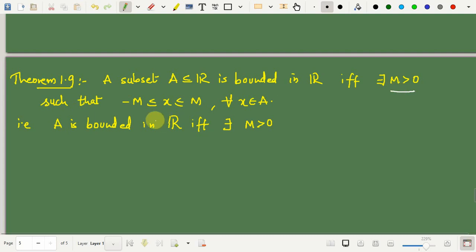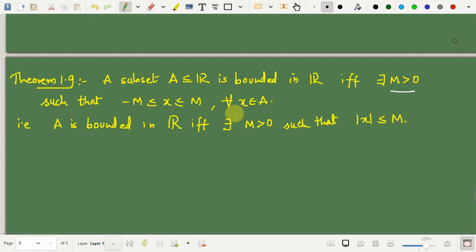So, that is the same as saying A is bounded in R if and only if there exists m positive such that mod of x is less than or equal to m, right, by property 5 if I am not wrong.